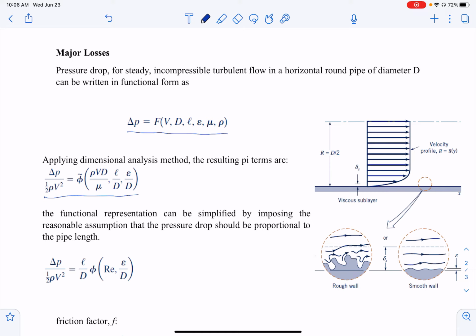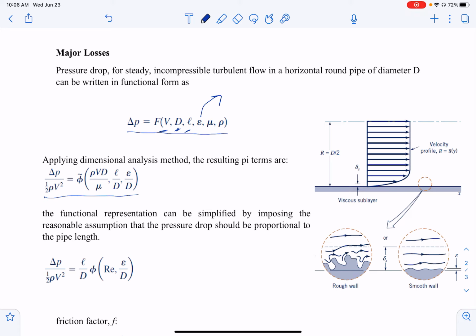For example, if we consider a steady and incompressible turbulent flow in a horizontal pipe, and we consider the diameter D for the pipe, then the pressure drop through the pipe is dependent on velocity, diameter, and length.